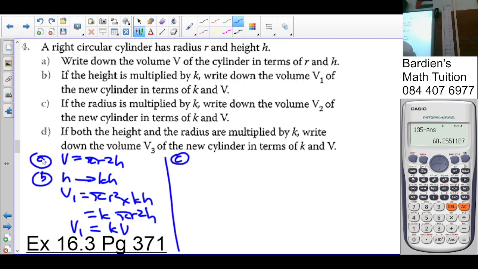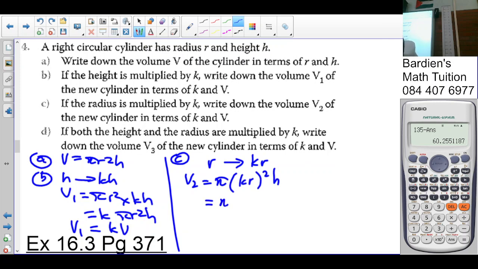In C, if the radius is multiplied by k, the volume is V2, the new cylinder, in terms of k and V. So V2 is going to be, but firstly, the radius becomes kr. So volume 2 is going to be pi times kr squared times h.